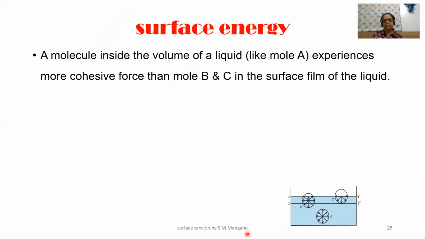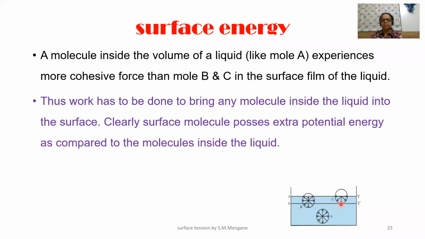Now, surface energy. A molecule inside the volume of liquid, like molecule A, experiences more cohesive force than B and C in the surface film of the liquid. No doubt, as A is inside the liquid, it is surrounded by liquid molecules and they exert strong cohesive force on it as compared to B and C. Means work has to be done to bring any molecule inside the liquid to the surface.